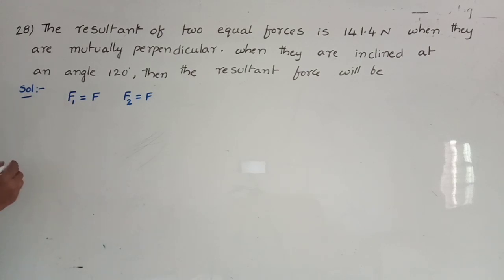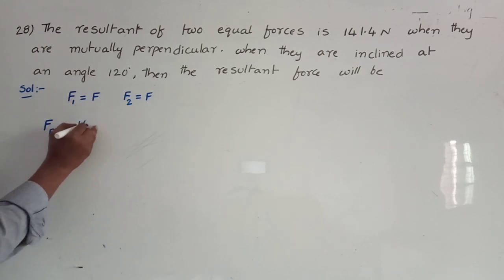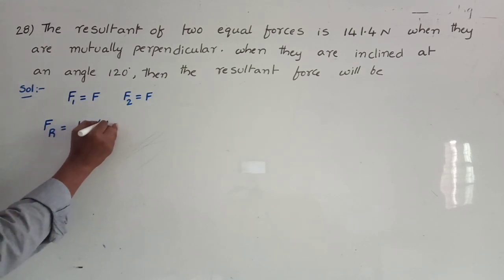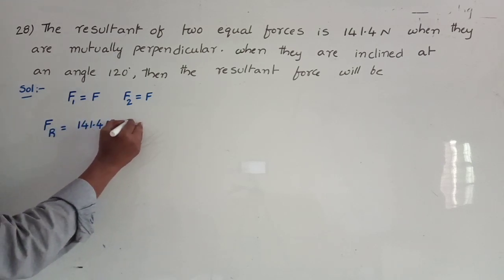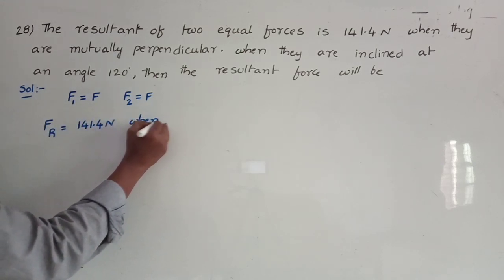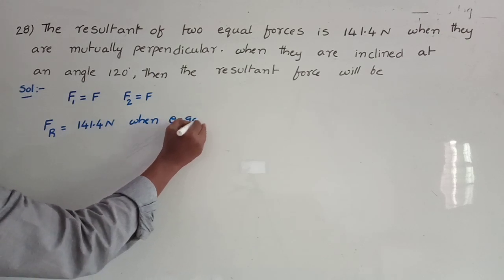When the two forces are perpendicular, the resultant is 141.4 Newton, when theta is equal to 90 degree.